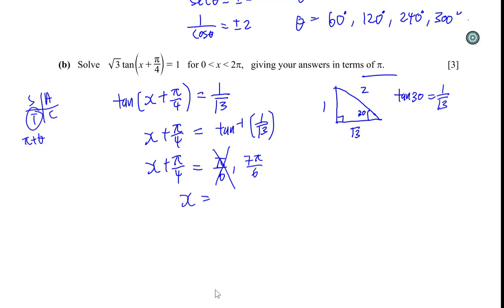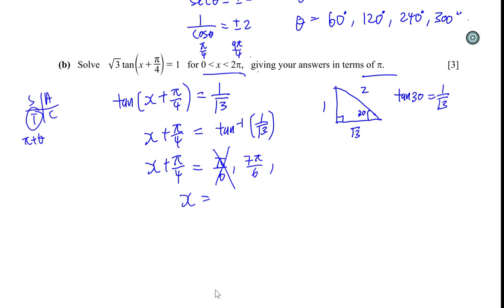Maybe I find the second quadrant, rotate a second round again, because I didn't work out the range here. Yeah, we can work out the range for the angle. That means we plus pi over 4 for both sides. So this is pi over 4. This one should be 9 pi over 4. So yeah, we try to do 2 pi plus pi over 6.